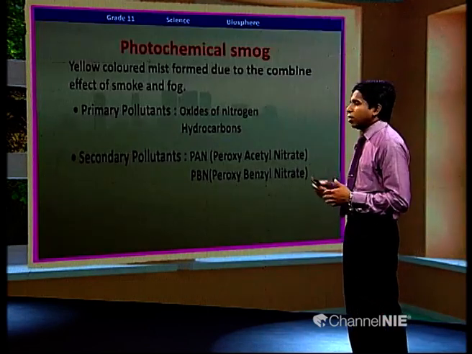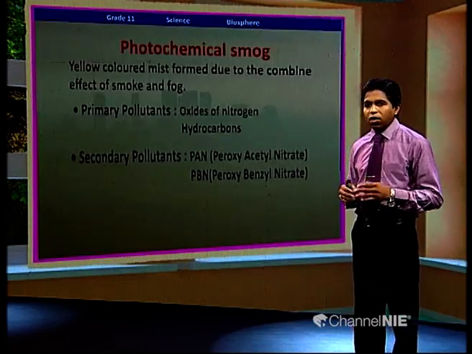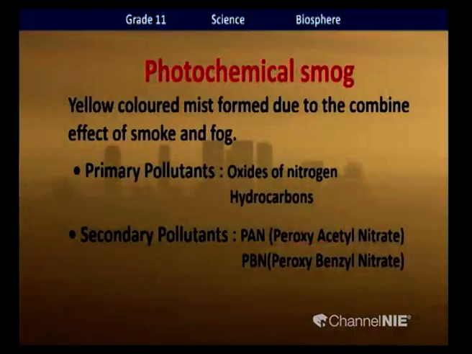Let us see the next direct effect of environmental pollution: photochemical smog. This was newly introduced to the syllabus in 2016. Photo means light. Due to the influence of light, chemical reactions take place in the atmosphere. There are two types of pollutants. Primary pollutants are the oxides of nitrogen and hydrocarbons.